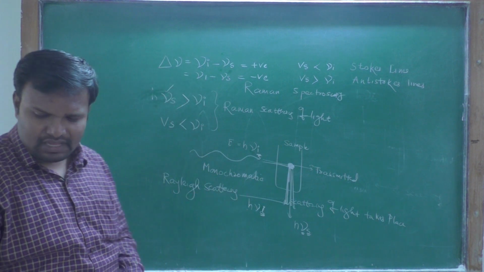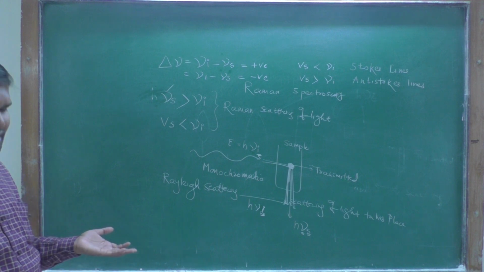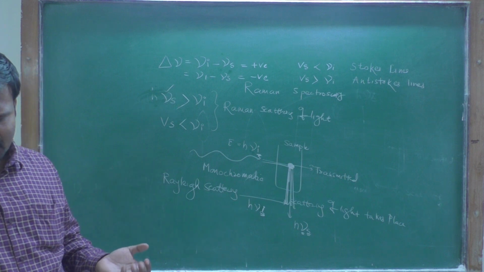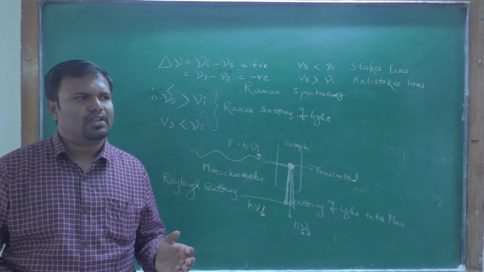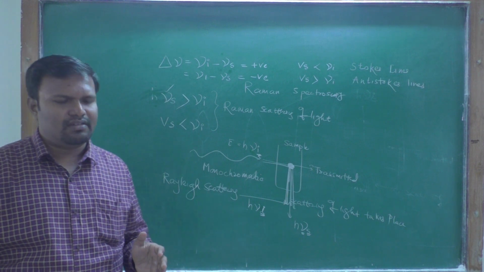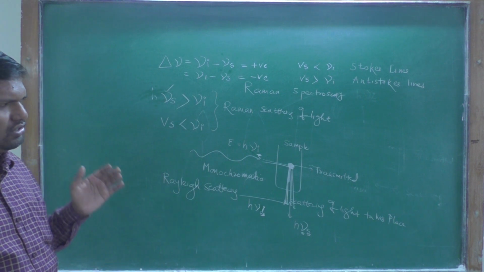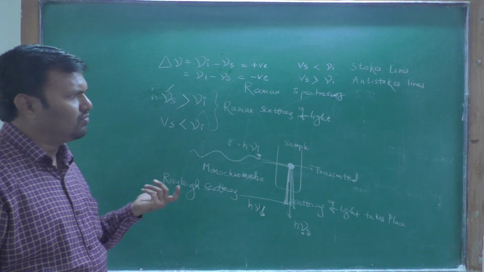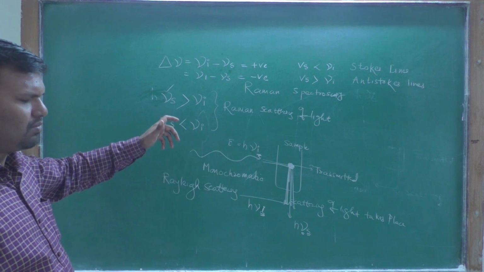Therefore for anti-Stokes lines, delta mu is negative, and for Stokes lines, delta mu is positive. In Stokes lines, the incident frequency is higher than the scattering frequency, and in anti-Stokes lines, the incident frequency is lower than the scattering frequency. We have seen the basics of Raman spectroscopy.